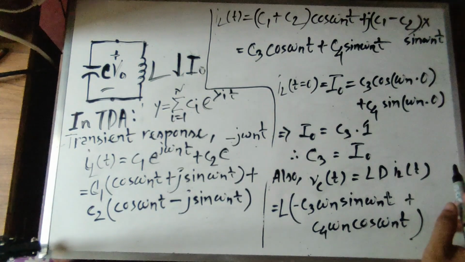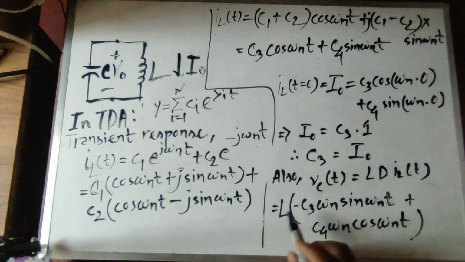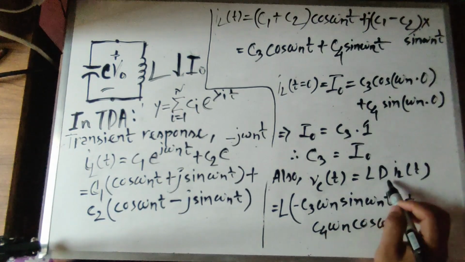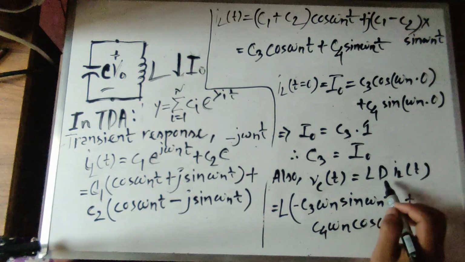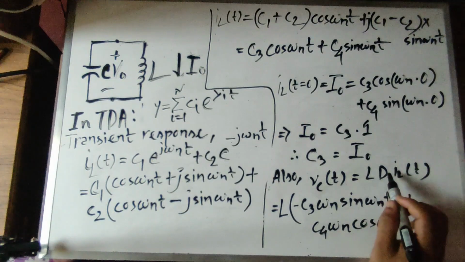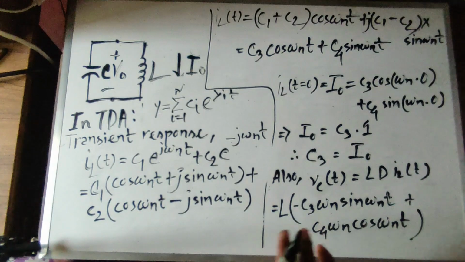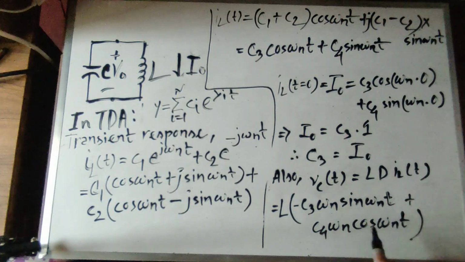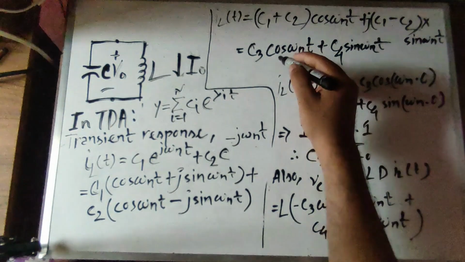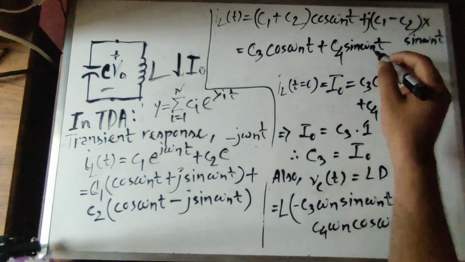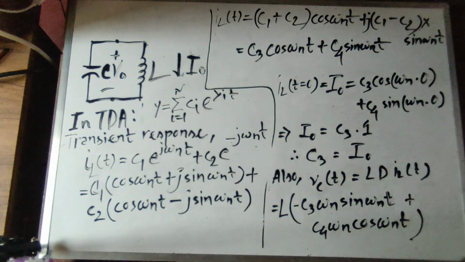Here D represents the linear differential operator. D means differentiation in simple terms, so we just differentiated it and we got our value. Differentiation of cos is minus sine and differentiation of sine is cos, with the extra omega n going to the coefficient side. And this is the answer.